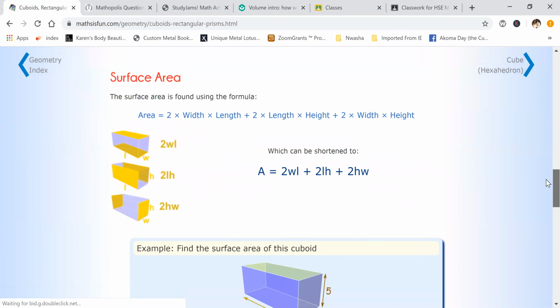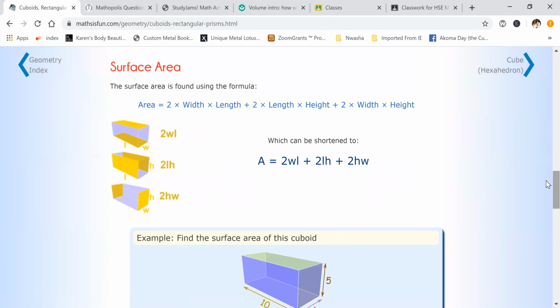Coming down a little bit more, they've got the same thing that's in the handout that's up on Google Classroom. When you're looking at the surface area, you're trying to see which sides match. So what you're going to do is multiply, of course, length times width, but then you're going to say there's two of those because this in yellow is the top and the bottom. Then you have to think of what is the area of the side.